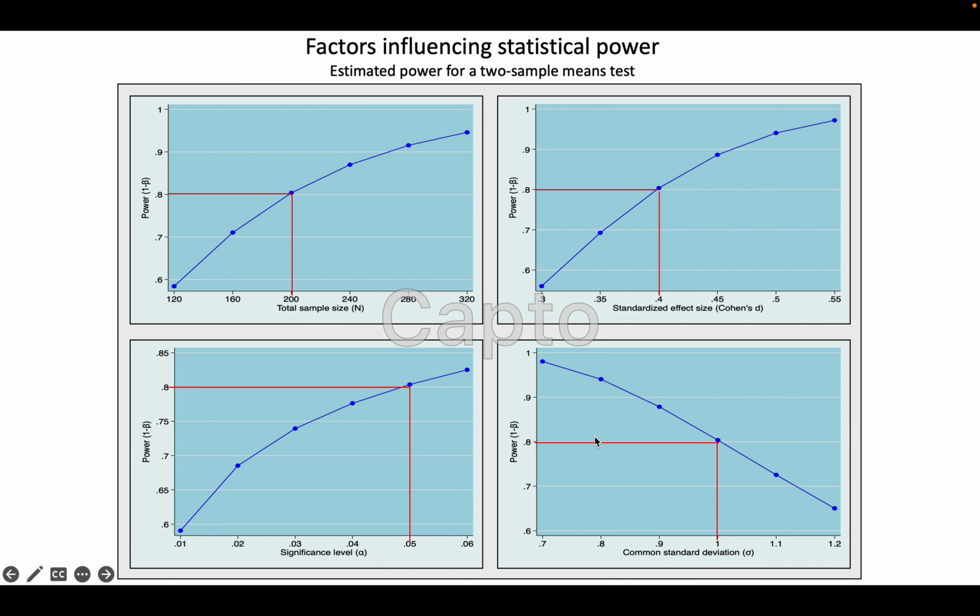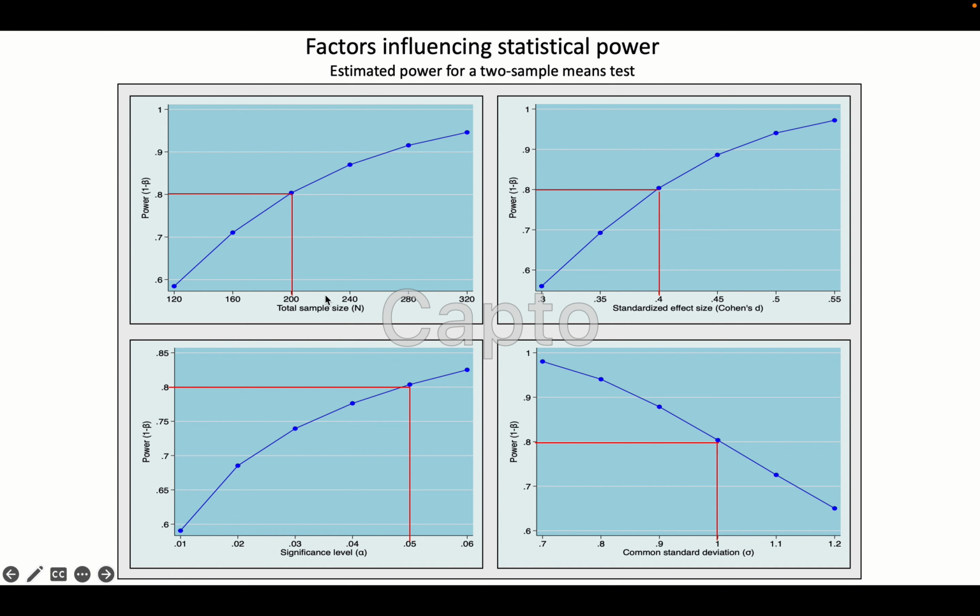And this is just to show you what happens with the power and the sample size, the power and the effect size, the power and the significance level, which is the alpha critical value, and the power and the standard deviation, right?